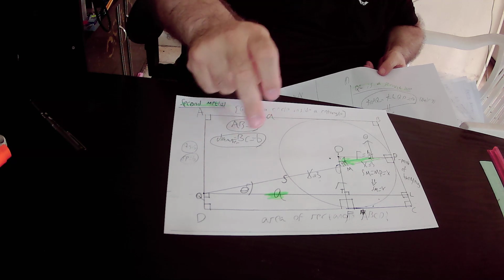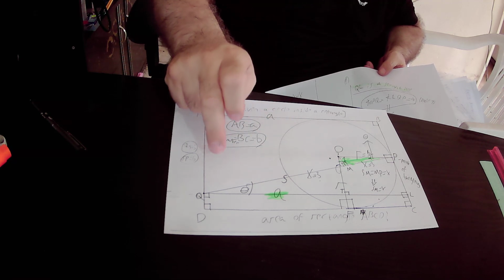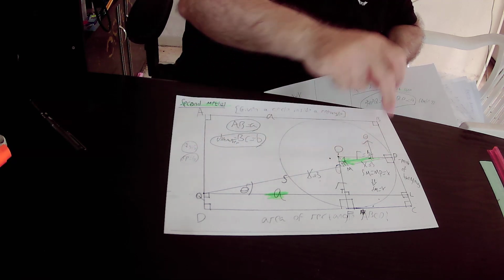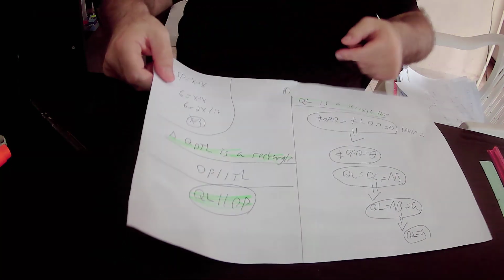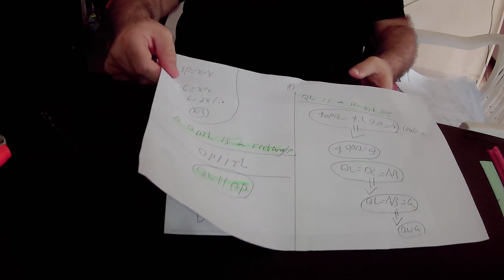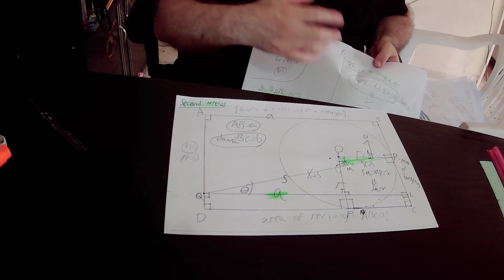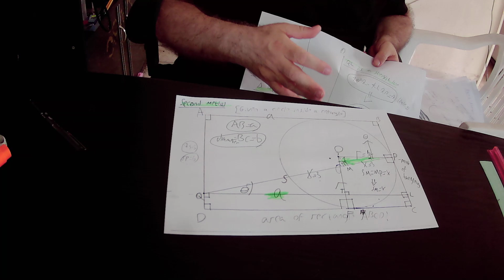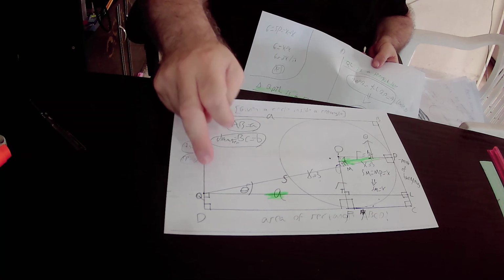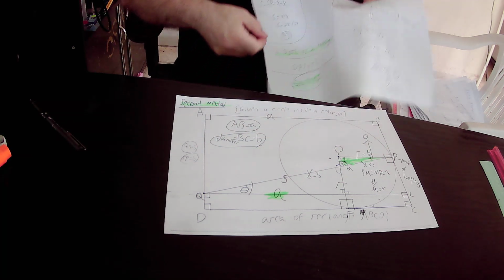And in a rectangle, we know that the opposite sides are equal to each other. That is to say, QL equals DC. QL equals DC, but ABCD is a rectangle, and the opposite sides of rectangle ABCD must be equal to each other. That is to say, DC equals AB.